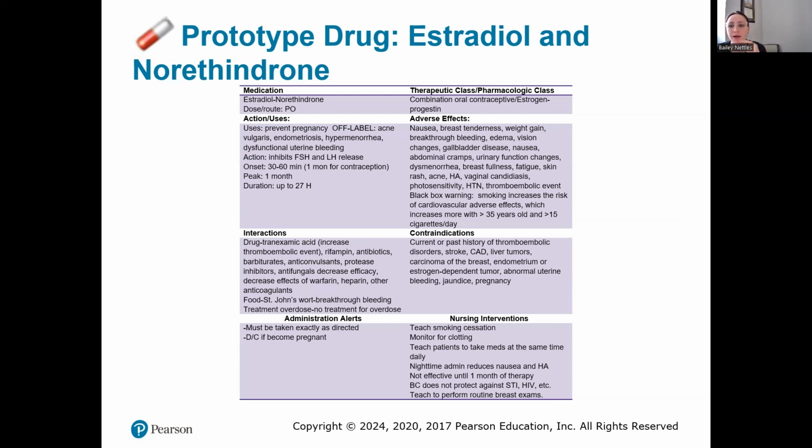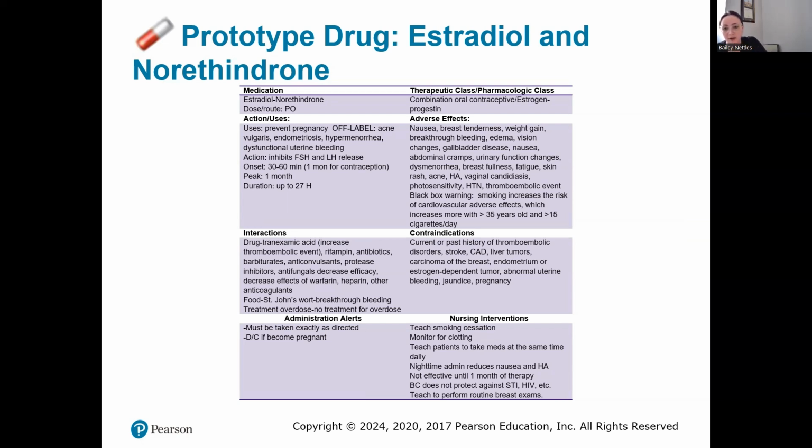As for all estrogen products, smoking increases the risk of a cardiovascular adverse effect like a heart attack, okay, like a stroke, which increases more when they're over 35 and you have more than 15 cigarettes a day, okay?